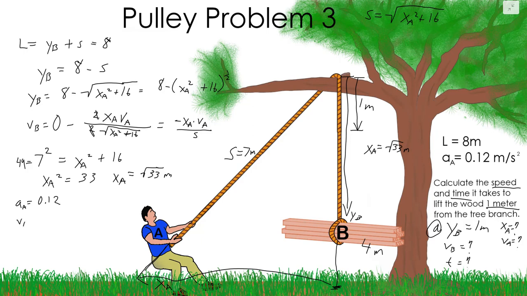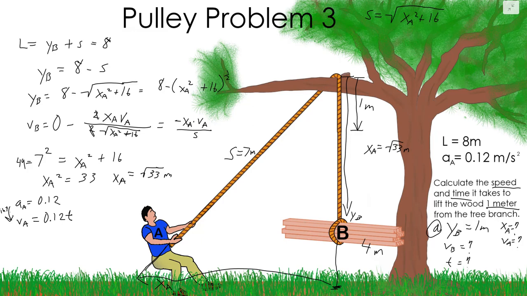So then we have vA. When we integrate, it's basically a constant, so it's a constant times t. So it's 0.12 t. Also, I try to draw my t's with a little curl so they're different from plus signs.